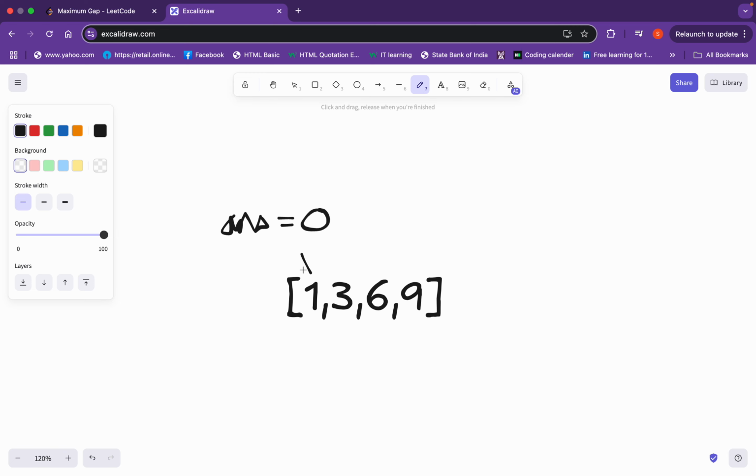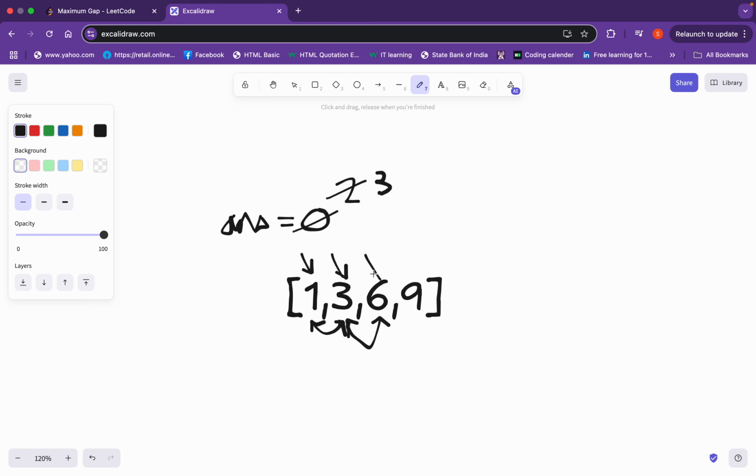First we go to the 0th index, so the first index minus the 0th index is 2, which is greater than 0, so the answer will become 2. Then we move to the next index and compute 6 minus 3, which is 3, which is greater than 2. This will become 3.